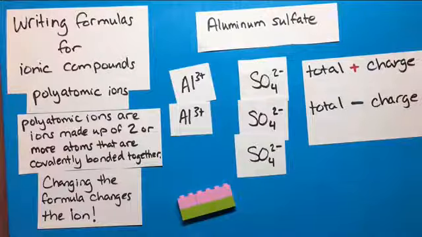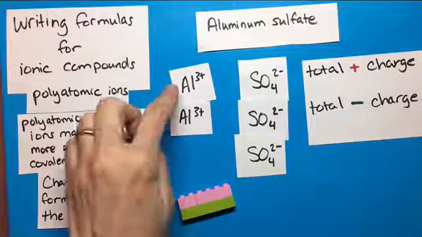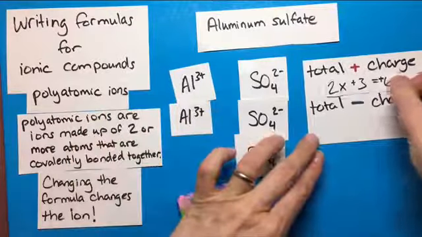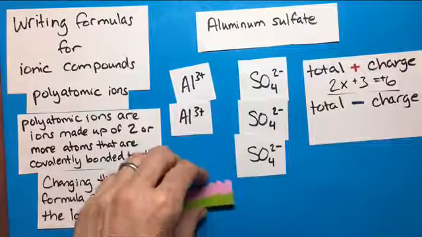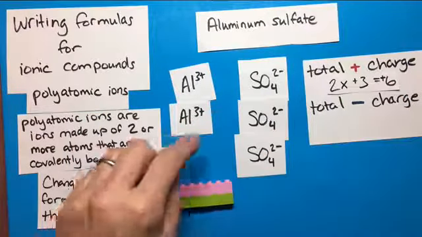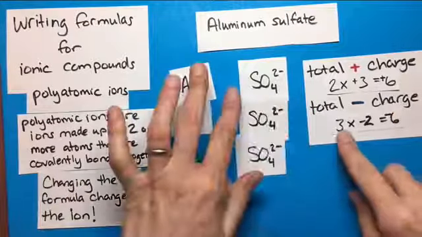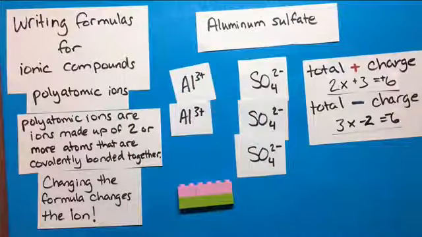I have 2 ions with a charge of +3 each, so my total positive charge is +6. And I have 3 ions with a -2 charge each. 3 times -2 is -6. +6 and -6 balance out, so my overall charge is 0.